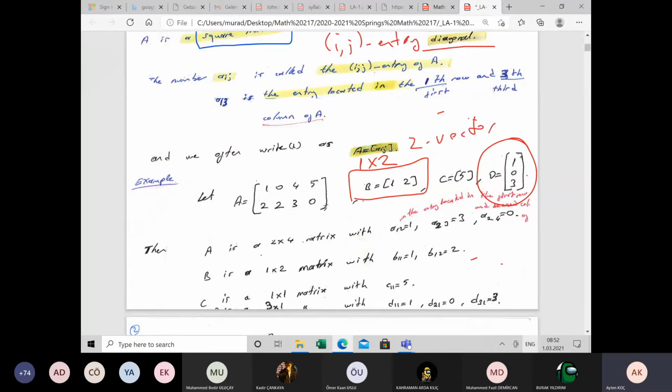What does it mean? It contains only one row but 2 columns. D contains only one column, so it is a vector, called a 3 vector, which means it contains only 3 rows. It's okay.